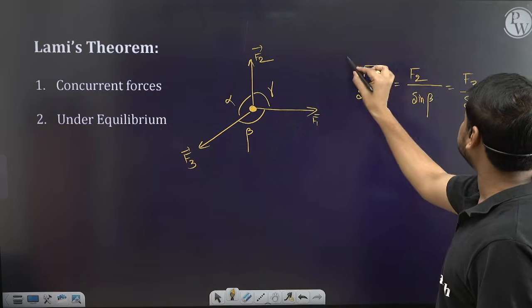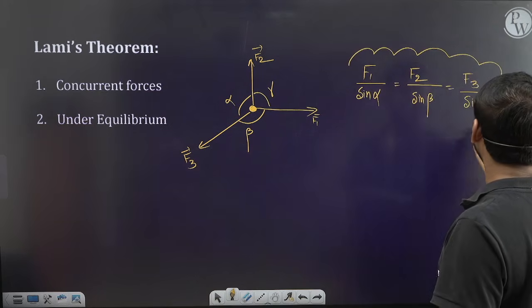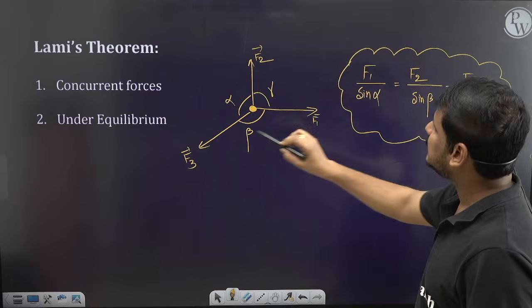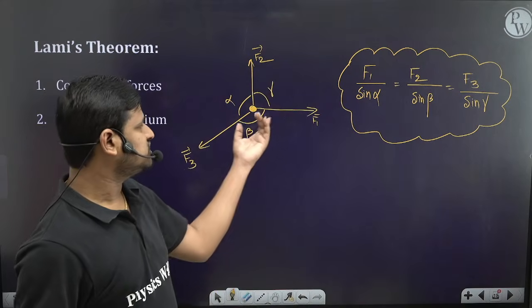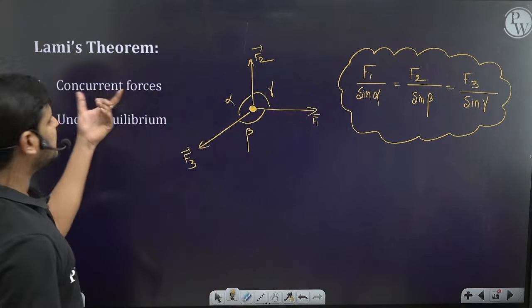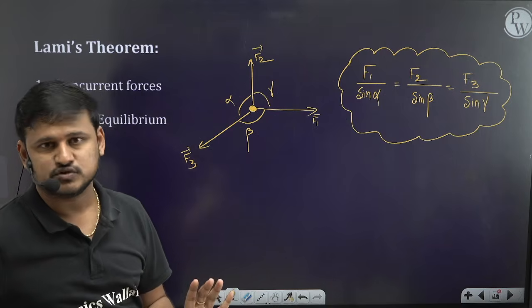This is a mathematical trick we can apply when the body is in equilibrium and three forces are acting at the same point. Such forces are said to be concurrent forces.